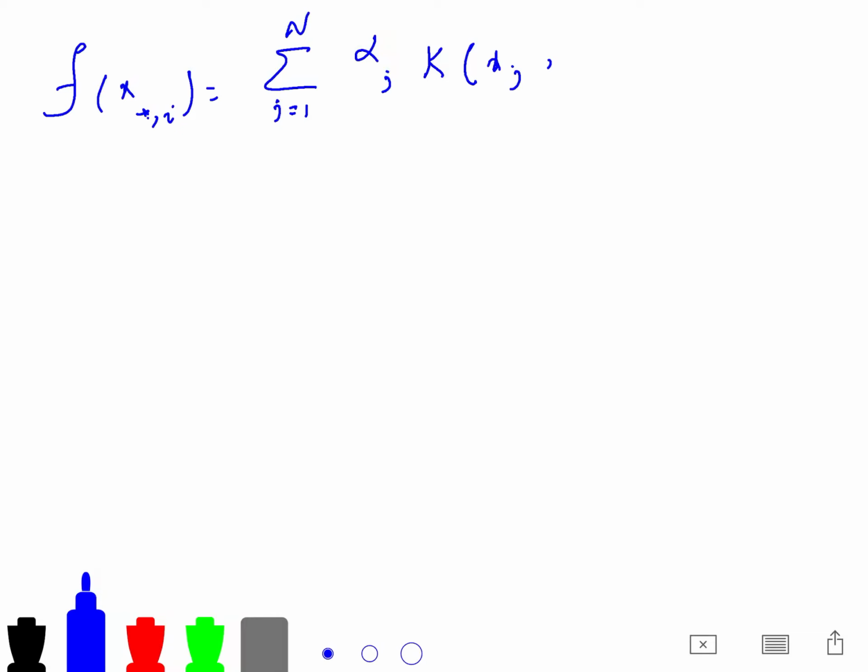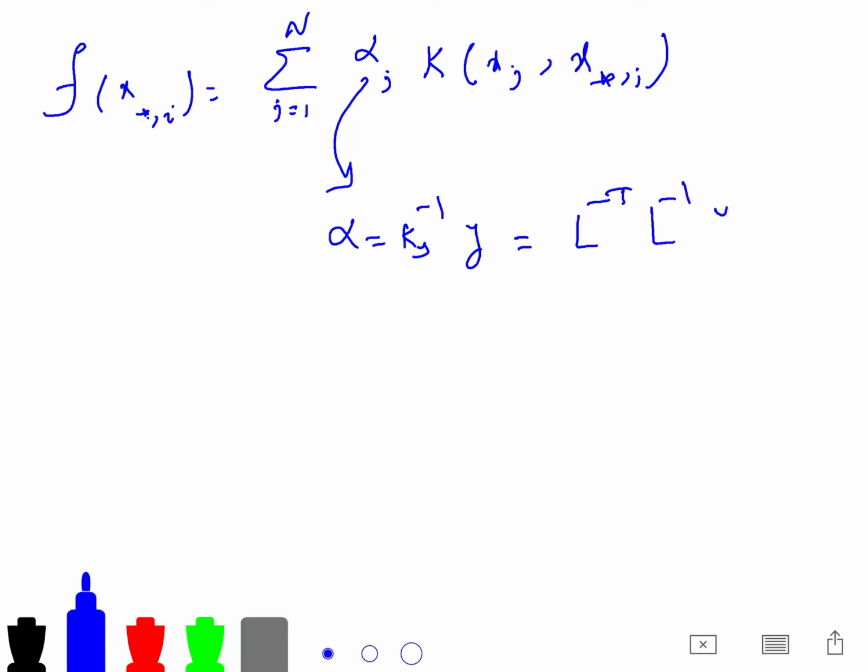For example, in a Hilbert space, you have some basis function. And so it looks like a linear combination of them. And alpha here is just K y inverse y. As I told you, it's just L minus T, L minus 1 y.